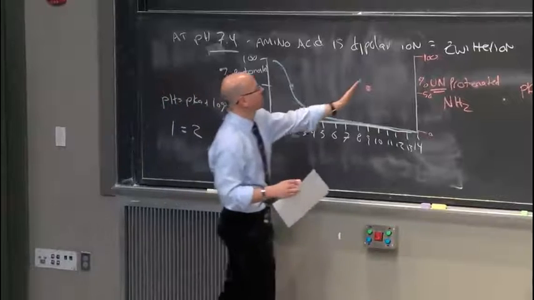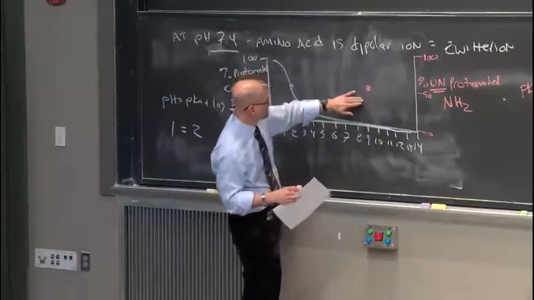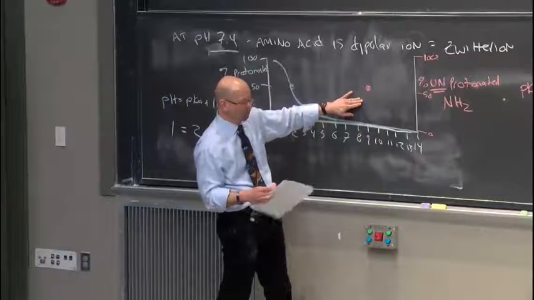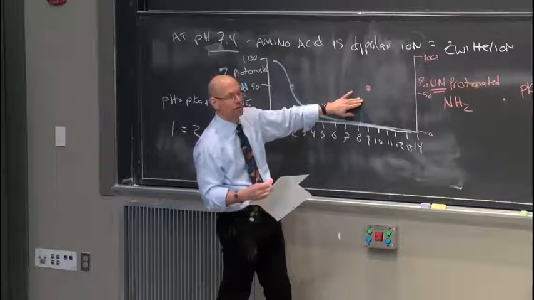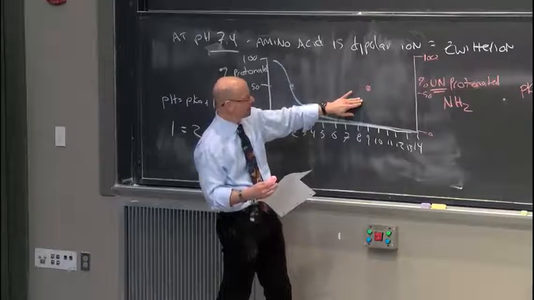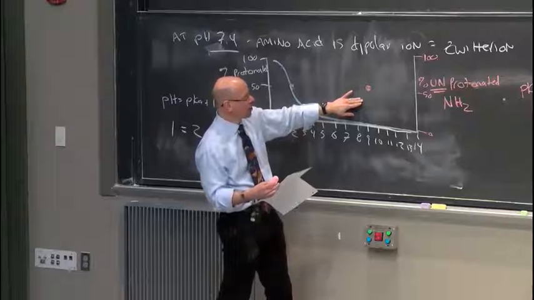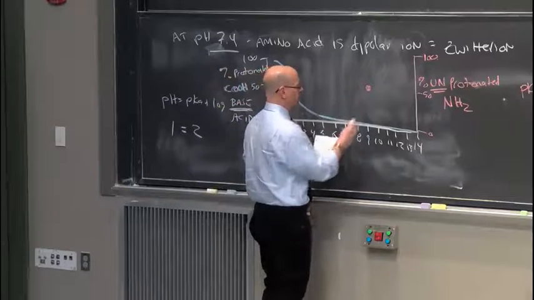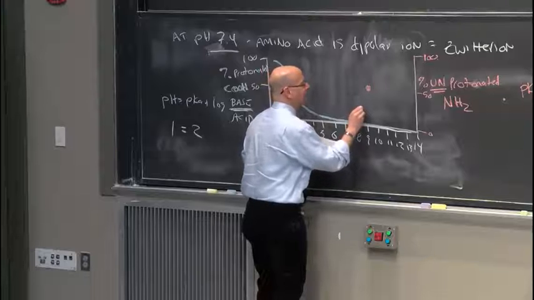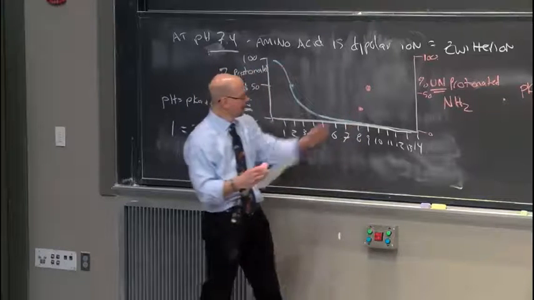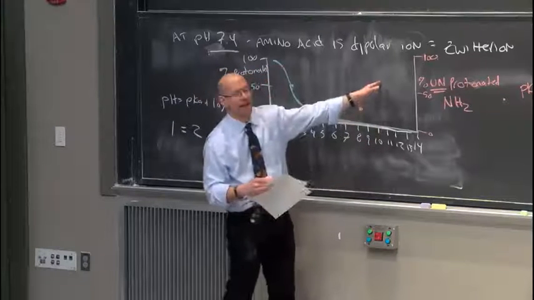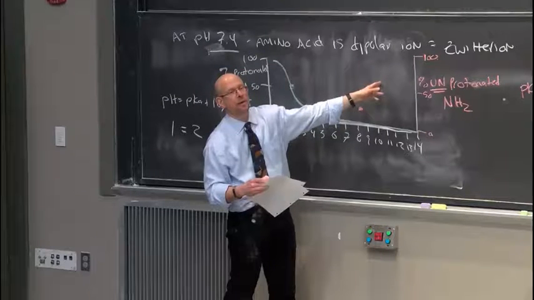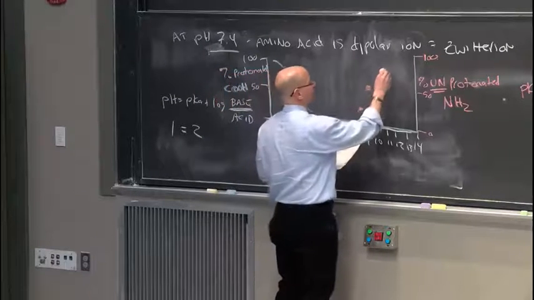If the pH is, let's make it easy, if the pH is below the pKa, is this stuff mostly protonated or unprotonated? Protonated. Okay? So the unprotonated fraction goes down, right? In fact, the percentage that's unprotonated at 8 is going to be 10%. If a pH is above the pKa at 10, is this mostly protonated or unprotonated? Unprotonated, 90% unprotonated.